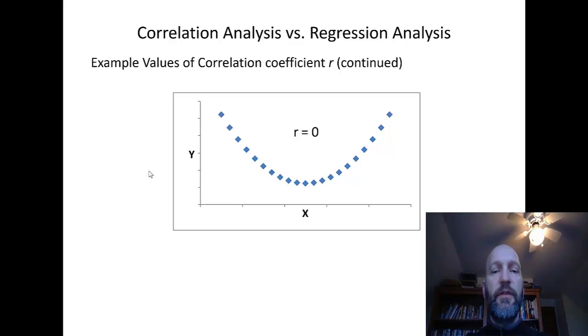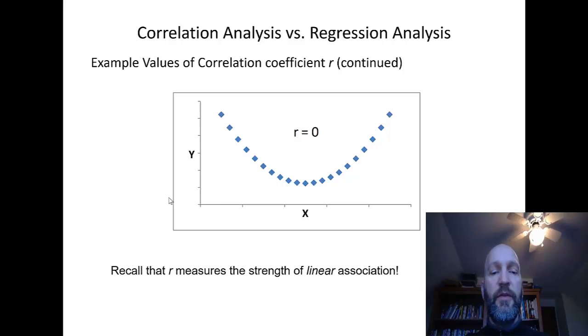You can see that we have a parabola here, and x and y are very much related to each other, but the sample correlation is 0. And why is that? Well, it's because R, the correlation, is a measure of the strength of a linear relationship or linear association. So if we have a nonlinear relationship, the correlation is not necessarily something that we're going to want to look at.